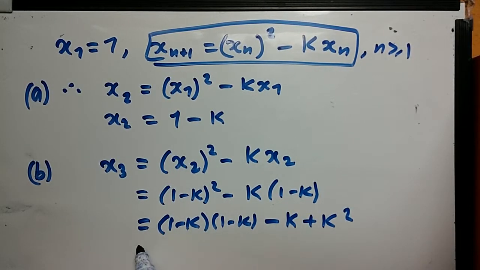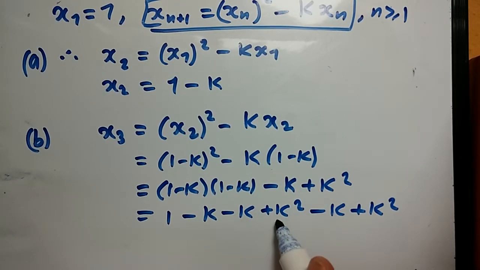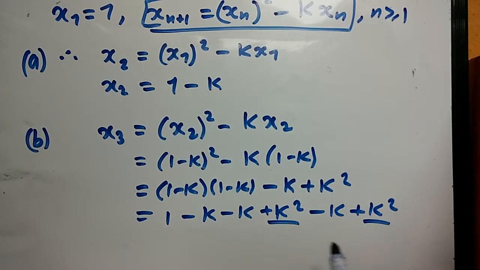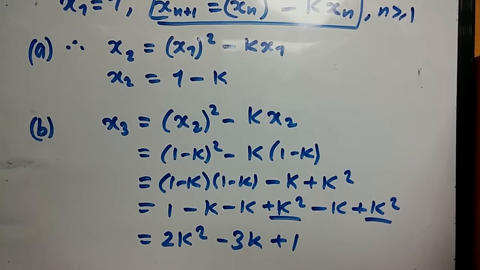And opening up this completely, 1 times 1 is 1, 1 times minus k is minus k, minus k times 1 is minus k again, minus k times minus k is plus k squared. And again, copying the rest, and collecting like terms, what do we have? K squared and k squared is 2k squared, minus k minus k minus k is minus 3k, and 1 plus 1 is 2. And that would be x3.